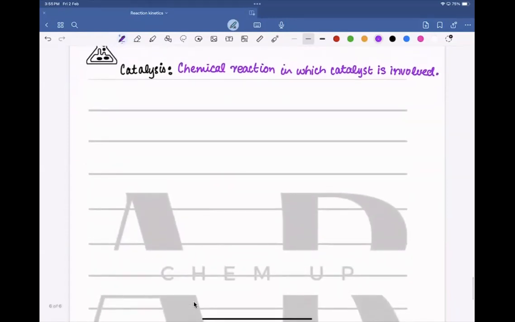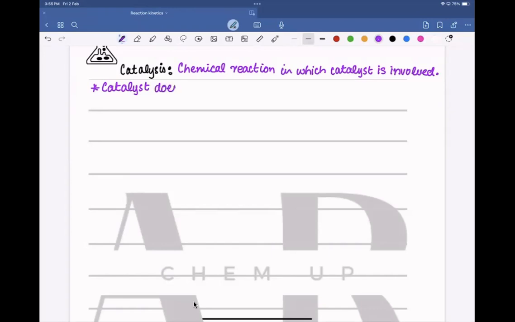So you have to understand how it will affect the Boltzmann distribution as well. What do you think, how will it affect the shape of the Boltzmann distribution curve? Any idea?